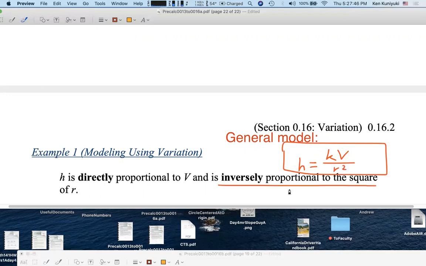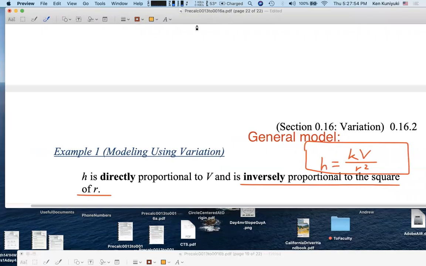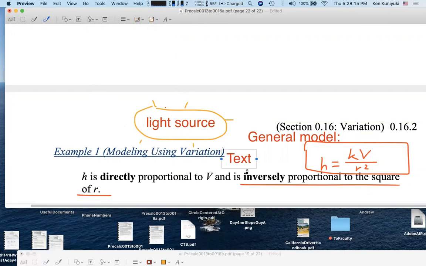By the way, this notion of inverse square laws, you see a lot in physics in the context of gravitation, electromagnetism. For example, let's say that you have a light source here. It's a beaming light source. Hopefully not the sun. You're not supposed to stand too close to the sun. But let's say that you are here.